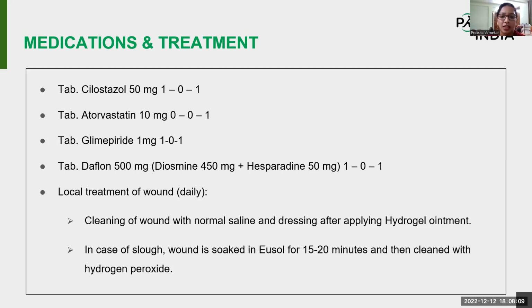Cleaning of wound with normal saline is done, and hydrogel ointment is applied. In situations if slough is present, the wound is soaked in Eusol for 15 to 20 minutes and cleaned with hydrogen peroxide. This is with instructions that were given from the tertiary care hospital surgeon that he was consulting with. Next slide, ma'am.